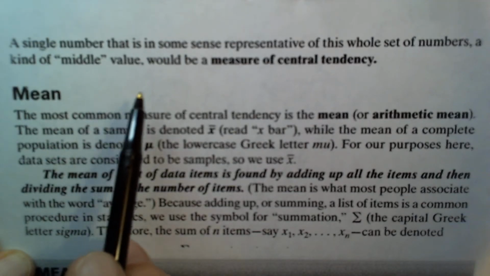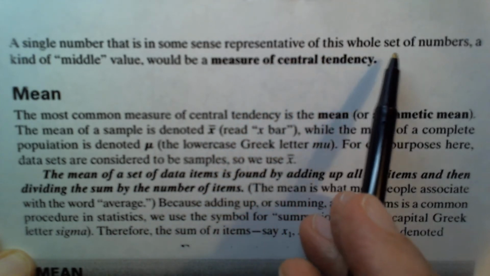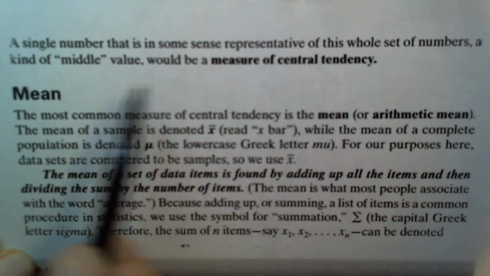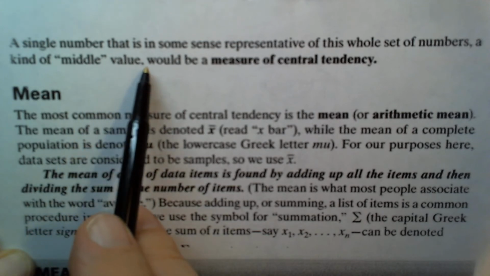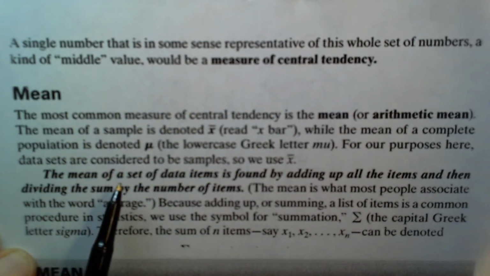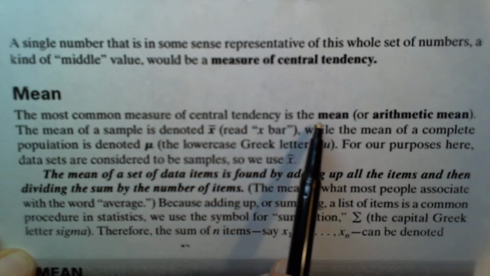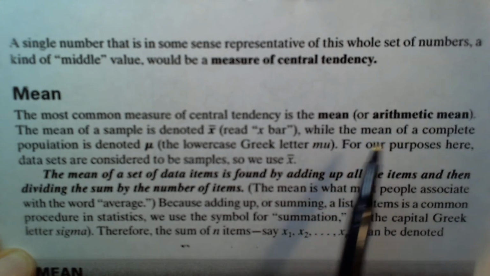So a single number that is in some sense representative of a whole data set of numbers is a kind of middle value that would be a measure of central tendency. So we begin with the mean, and it's the most common measure of central tendency, also called the arithmetic mean.